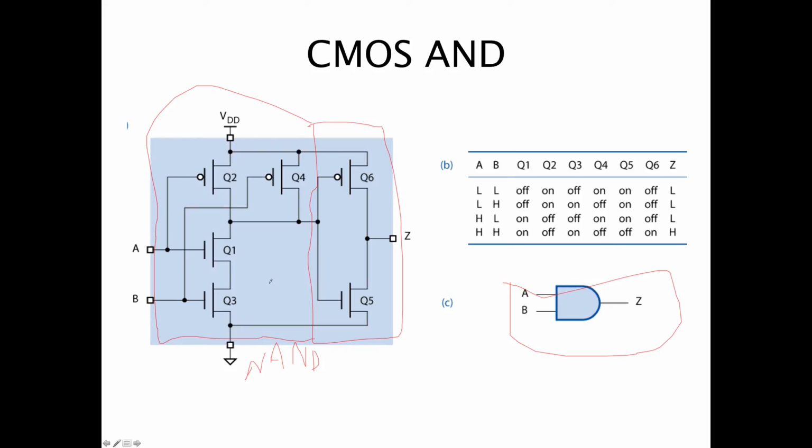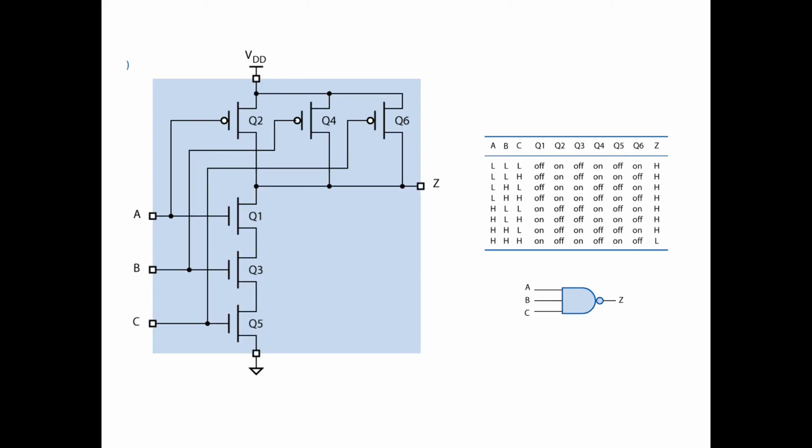Let's see why this is a NAND gate. Let's move forward and look at another circuit. Let's pretend we don't know this is a NAND gate and see why it would be. Let's start with the first combination: low, low, low.